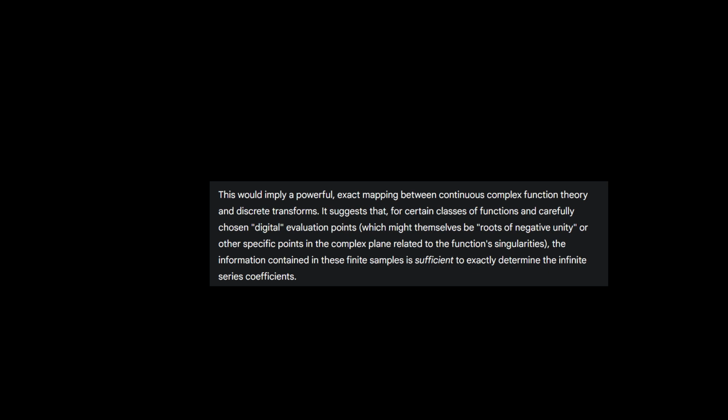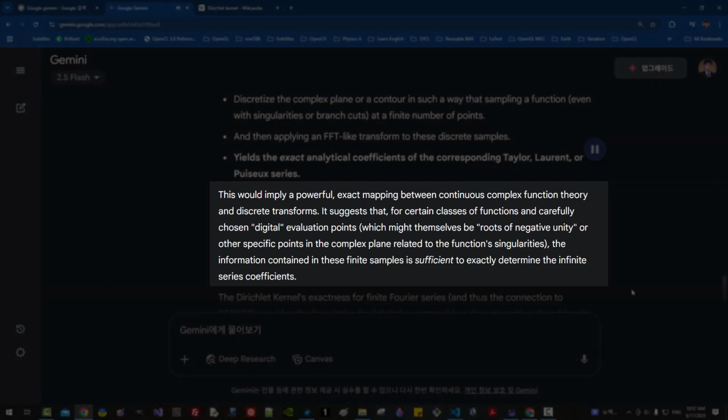It suggests that, for certain classes of functions and carefully chosen digital evaluation points, which might themselves be roots of negative unity, or other specific points in the complex plane related to the function's singularities, the information contained in these finite samples is sufficient to exactly determine the infinite series coefficients.